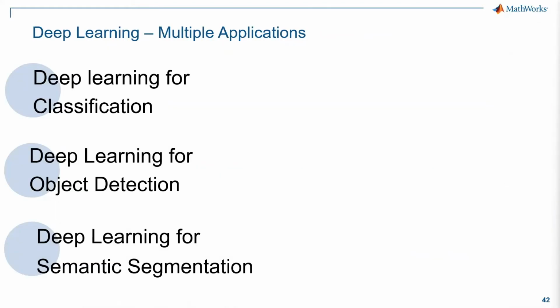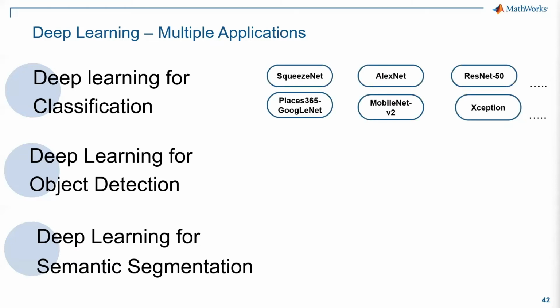Within the MATLAB environment, you can build different vision-based deep learning algorithms, such as for classification, object detection, or semantic segmentation. While working with classification, you can build your own model, or you also have access to many pre-trained models.